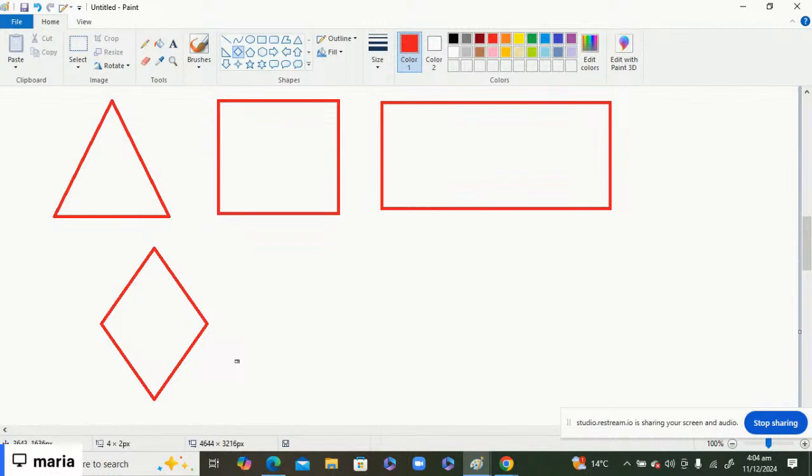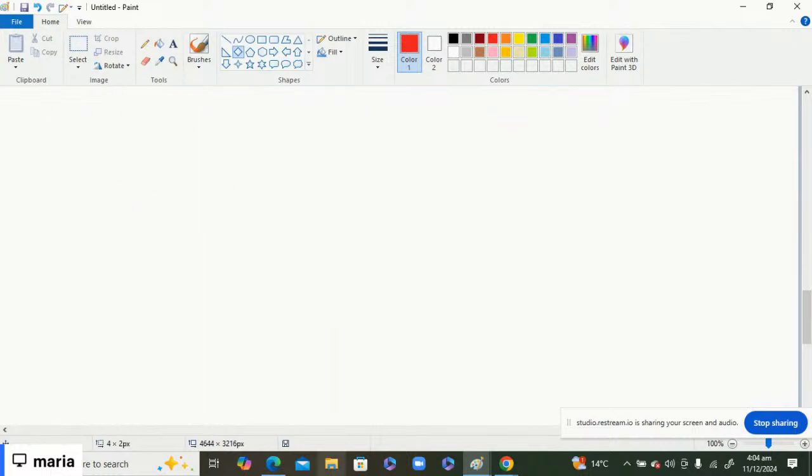Then if you draw a pentagon, hexagon, these are the different names. Like pentagon, then you draw the hexagon, heptagon, octagon. These are the different polygons. So these are the different types of polygon as well.